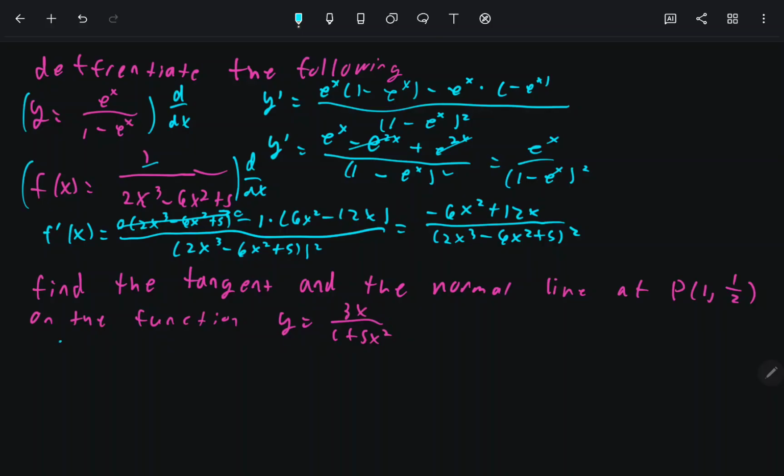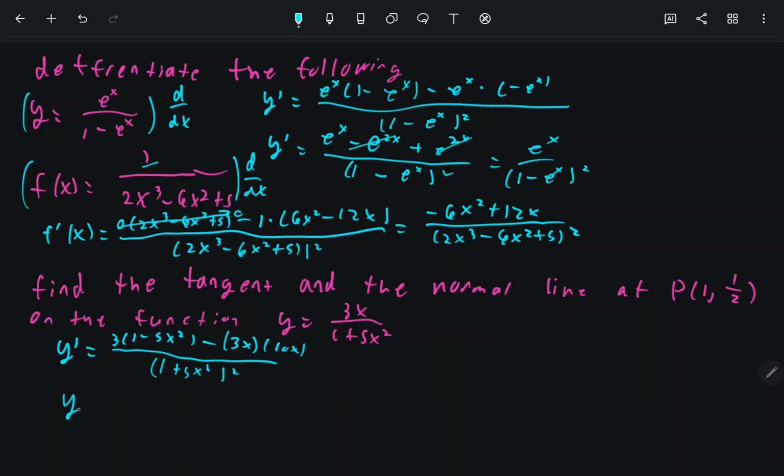So y prime in this case is equal to the derivative of the top, 3, times the bottom, 1 plus 5x squared, minus 3x times the derivative of the bottom, which is just 10x, all over 1 plus 5x squared, squared.